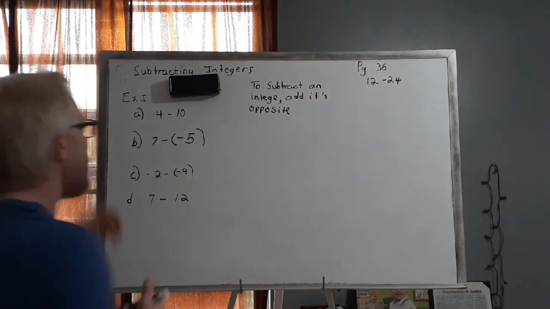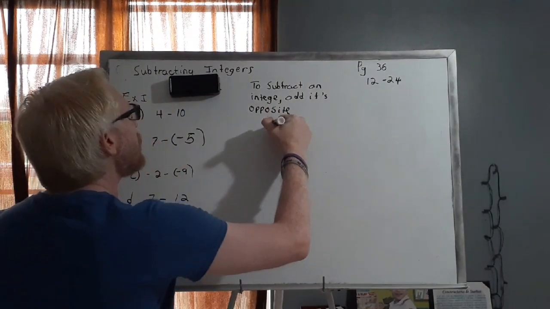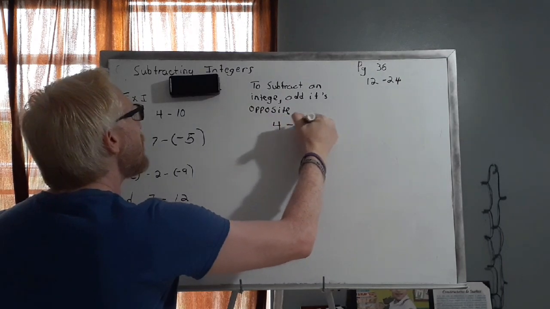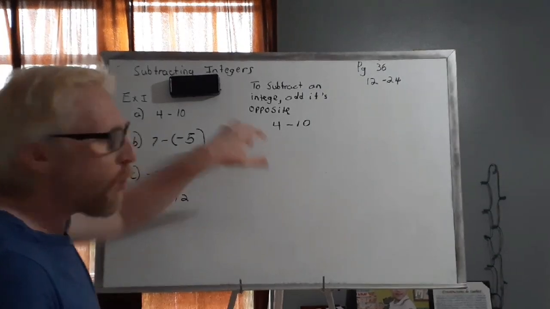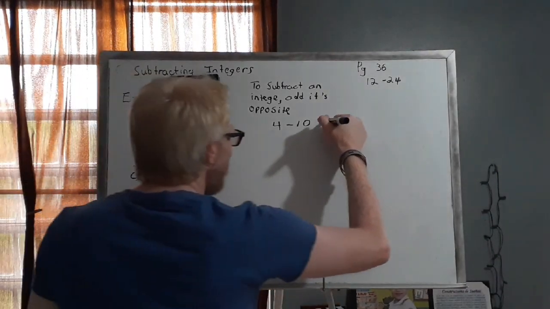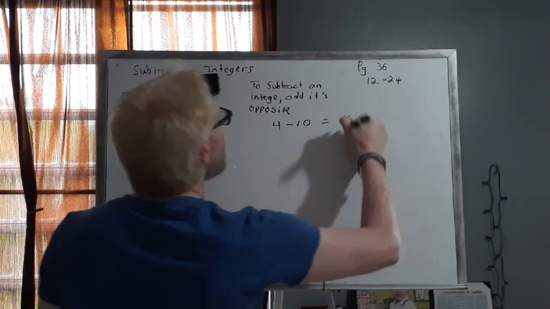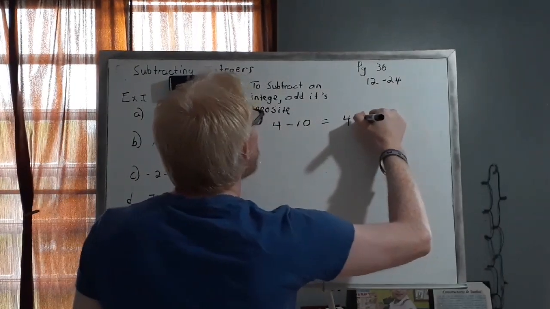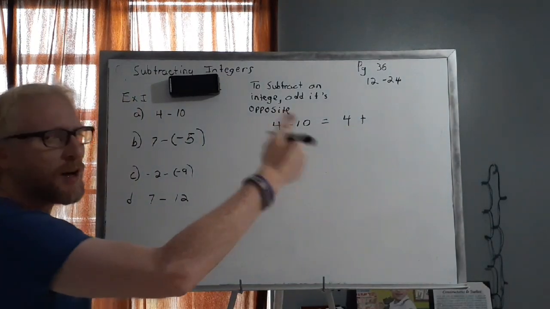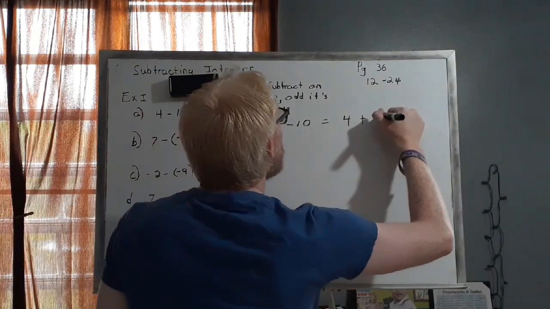What this means is, for example, if I have the exercise 4 minus 10, to add its opposite means that the 4 isn't going to change, because the 4 stays the same. Changing the minus sign to a plus sign, and changing the positive 10 to a negative 10.